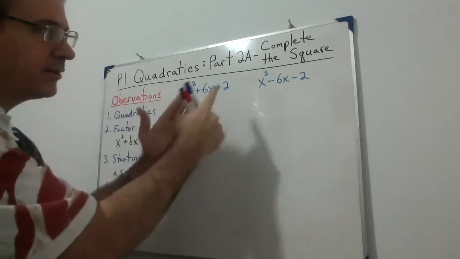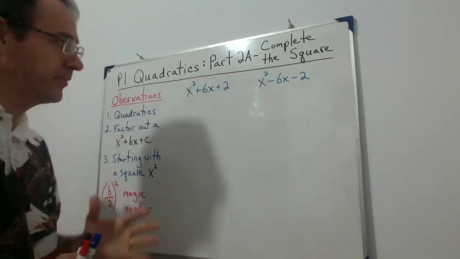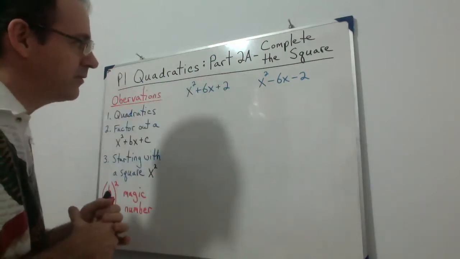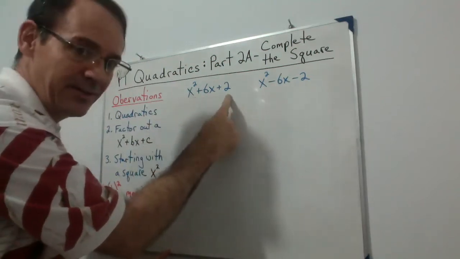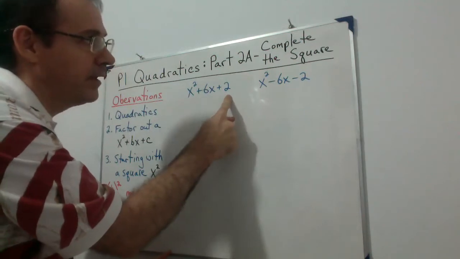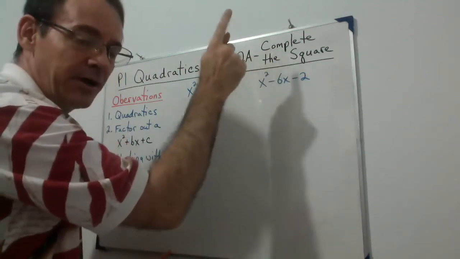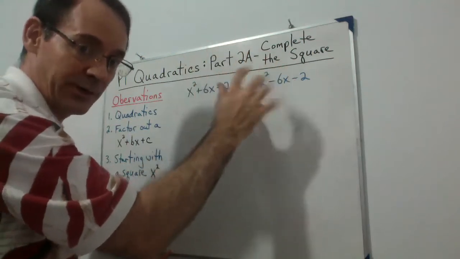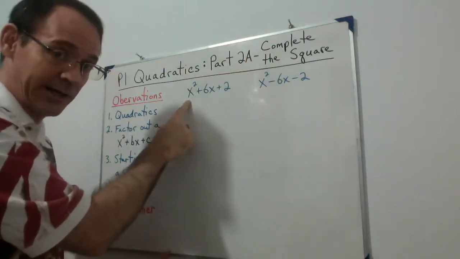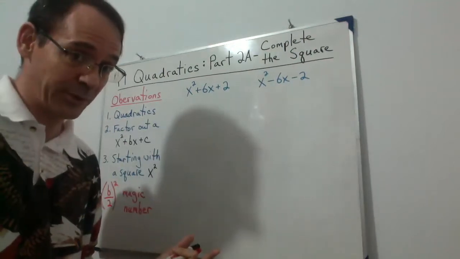Now, we're going to look at two different examples. In the first example, we're going to look at starting with a square, and we're going to add something to it, but we still want our final to have a perfect square in it. So we're going to start with a square, we're going to end with a square.